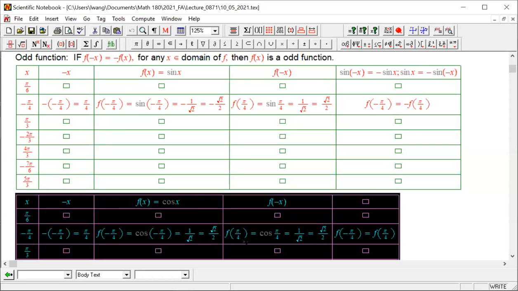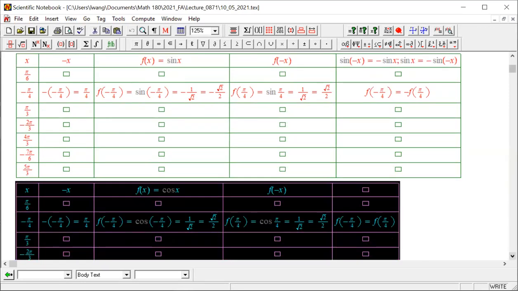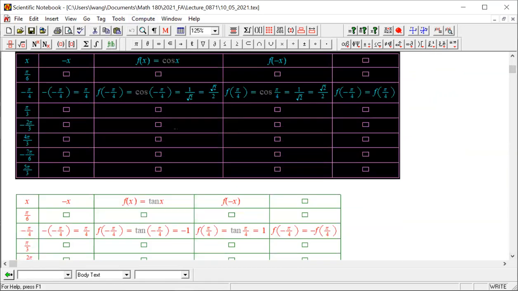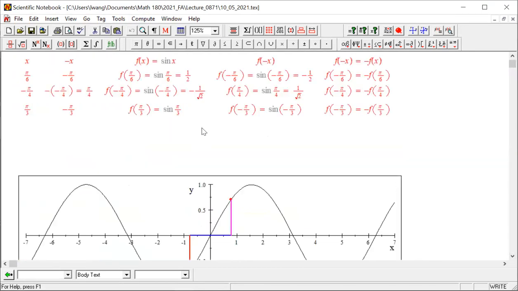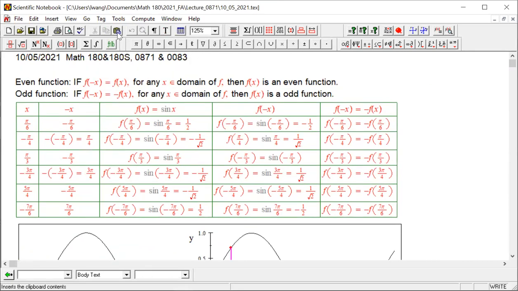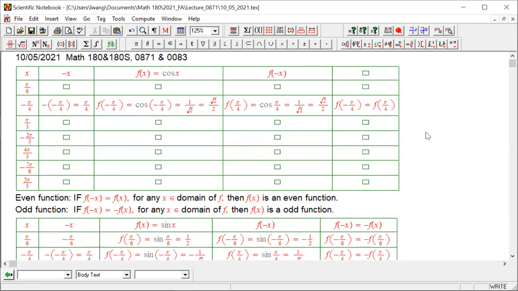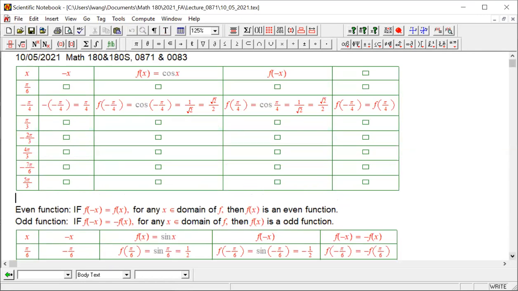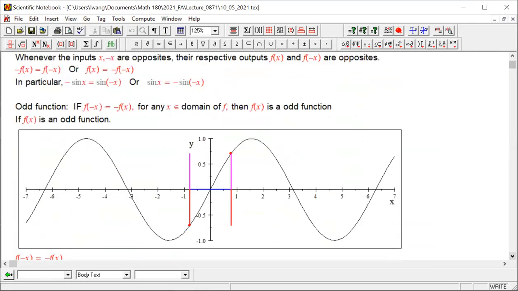So did you guys work out the cosine? Do you have any questions? So how about for cosine? For cosine, the explanation is pretty straightforward.